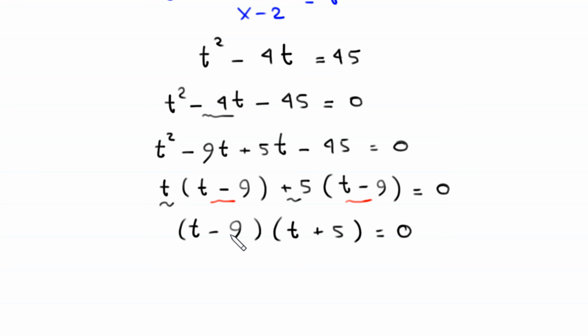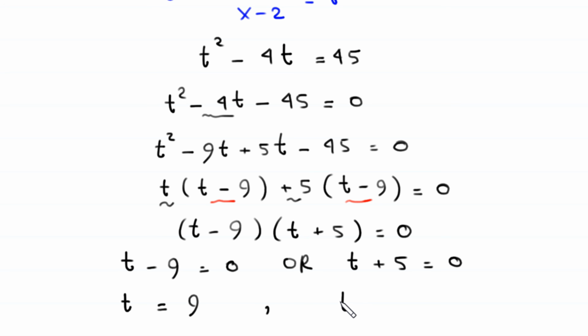From here either this expression t minus 9 equal to 0, or this expression t plus 5 equal to 0. From this equation we get the value of t equal to 9, and from this equation we get the value of t equal to negative 5.